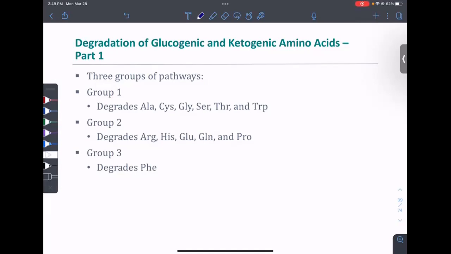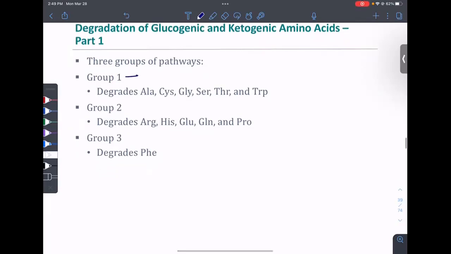But then you've got to think the oxaloacetate can also be used for glucose synthesis, to phosphoenolpyruvate. But the amino acid degradation pathways are really, really complex. So it's much easier if we group them by what metabolites they produce. Do they make glucose? Do they make ketone bodies? That kind of stuff. And so that's how we're going to talk about them. You don't have to know the big pathways. You just have to understand the groups.